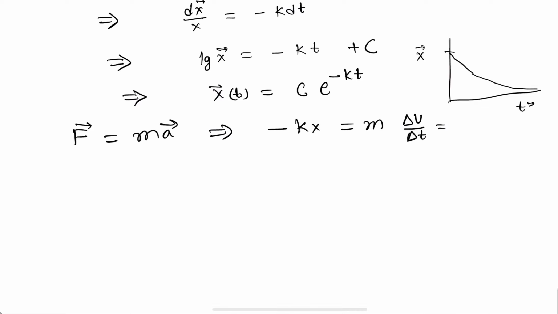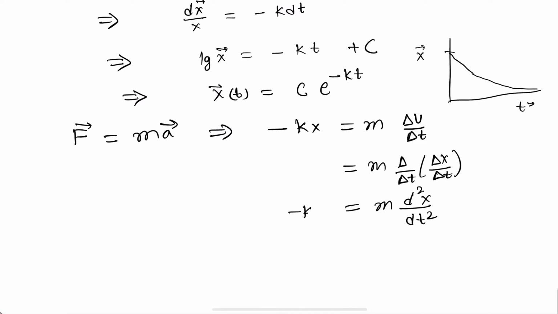But velocity itself is change in position by change in time. So this is a double derivative essentially. So you have m d2x over dt2 equals minus kx.